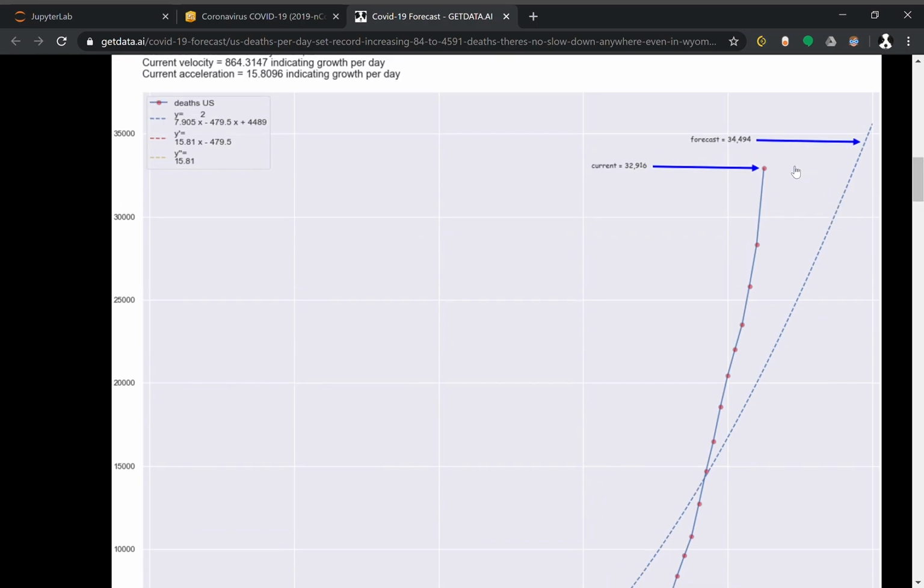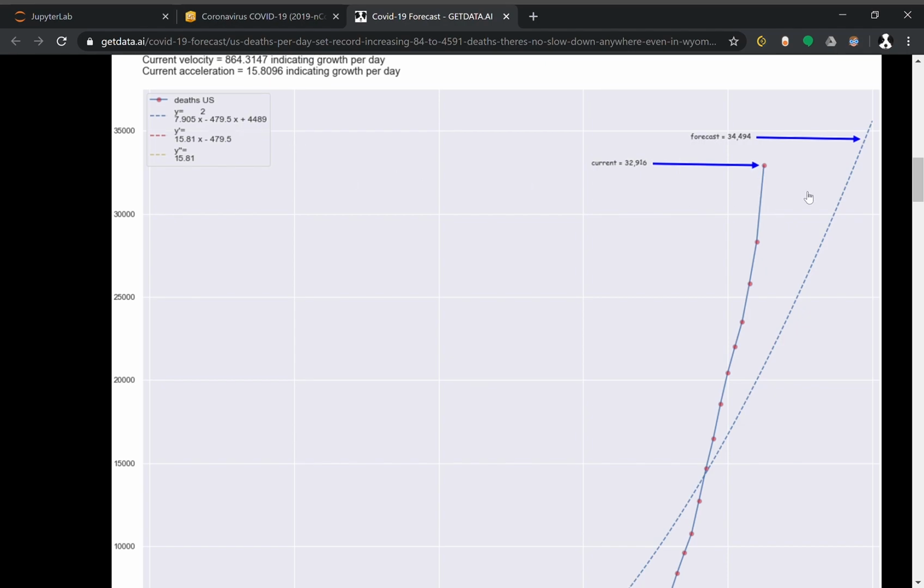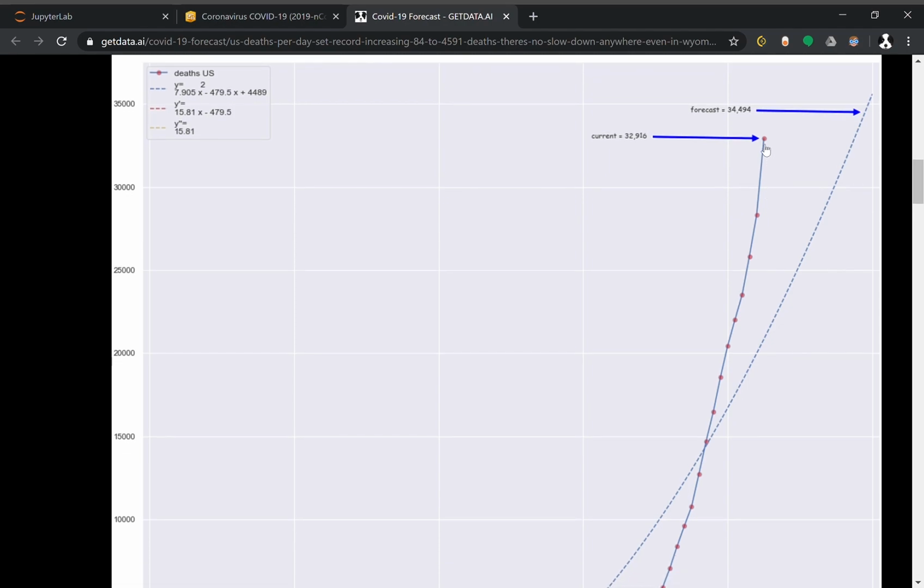Another point I want to show you is this, we're saying it's growing quadratically, right? But if you look back, we're at 32,000 now. Let's go back 7 days. So 1, 2, 3, 4, 5, 6, 7. 7 days ago, you were right at around, it's a little bit less than halfway, but let's just say halfway.